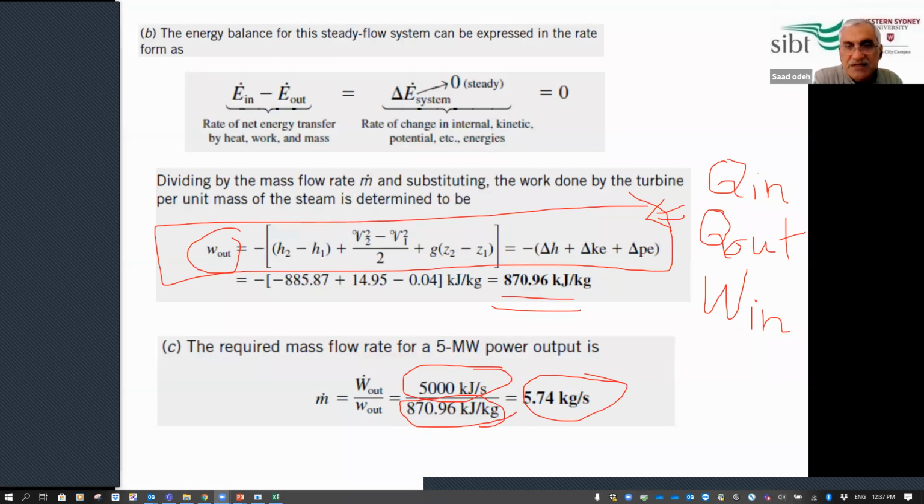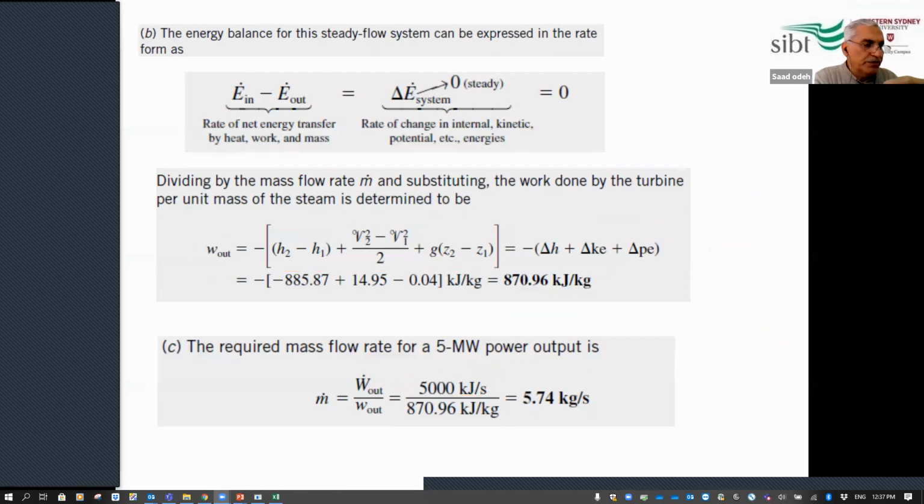Okay, and that's how to find the mass flow rate if you know the power output. All right. I hope this gives you some clarification on the energy equation and how to apply it to different systems.